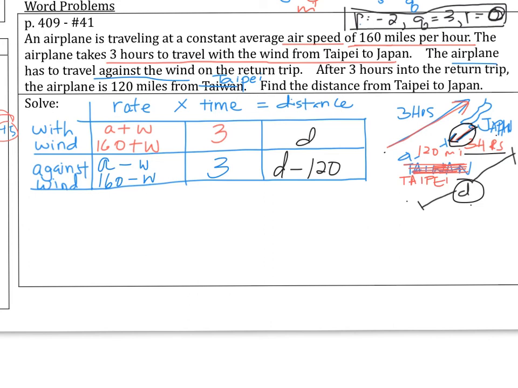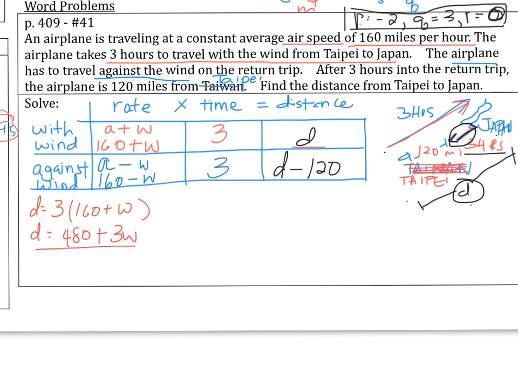Now I can set up my equations. For the first equation, I could take the rate 160 plus W and multiply that by the time 3 and let it equal D, the distance. And I'm going to simplify this. So this would be 480 plus 3W. Okay, let's set this aside.